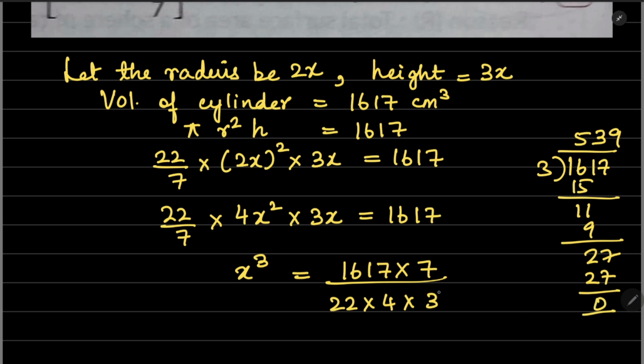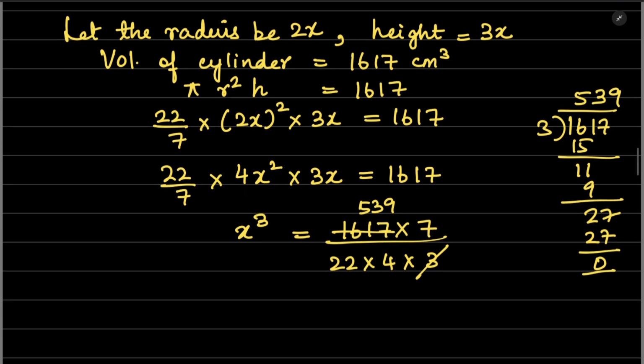So what you see is 3 and you have 539, correct? And then let us see if 539 is divisible by 4. Could you check it? 539 divided by 4. It's not divisible, right? 539 divided by 22, that is also not divisible.